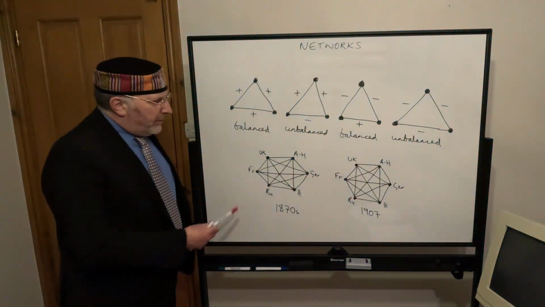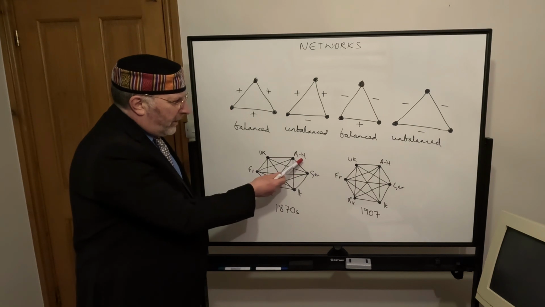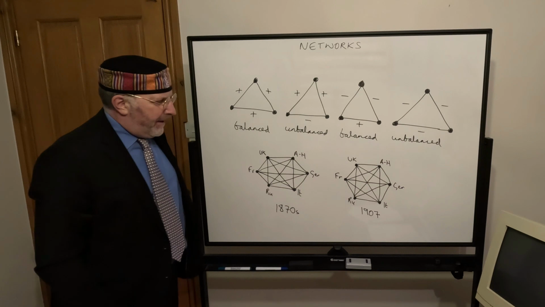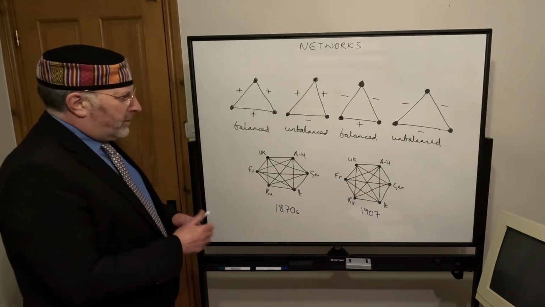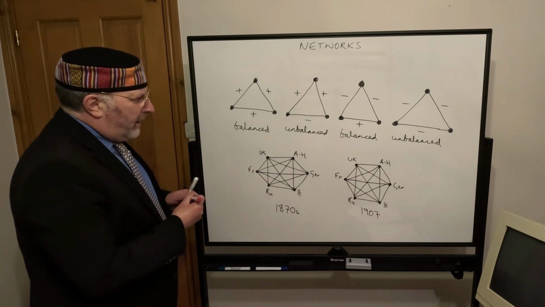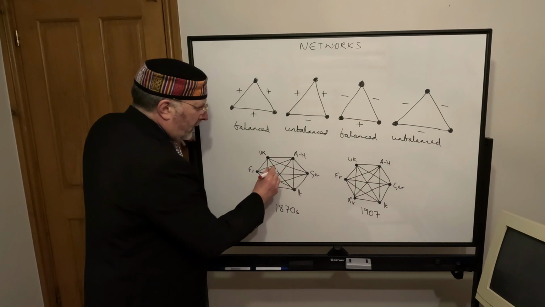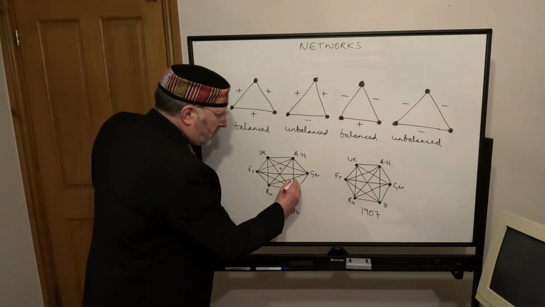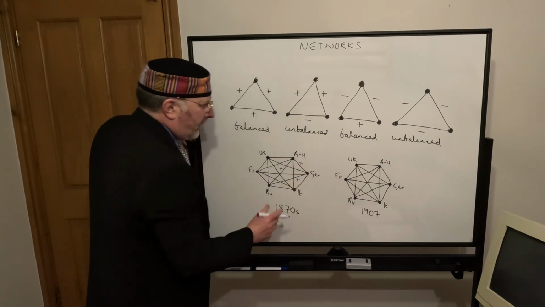Okay, so here are the relevant nations: the Austro-Hungarian Empire, Germany, Italy, Russia, France and the UK. And the situation in the 1870s was that there was an alliance between the Austro-Hungarian Empire and Russia, Russia and Germany, and the Austro-Hungarian Empire and Germany.